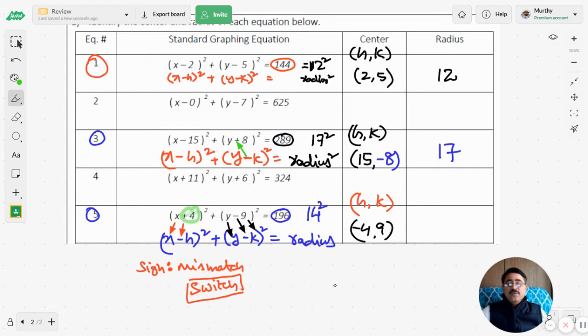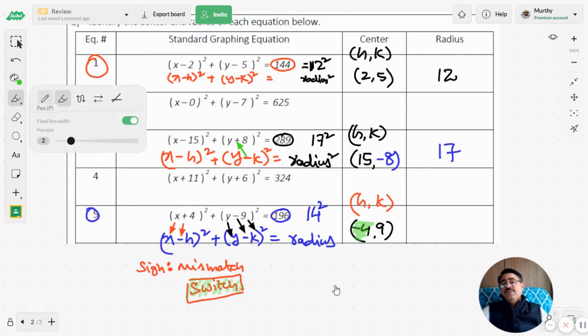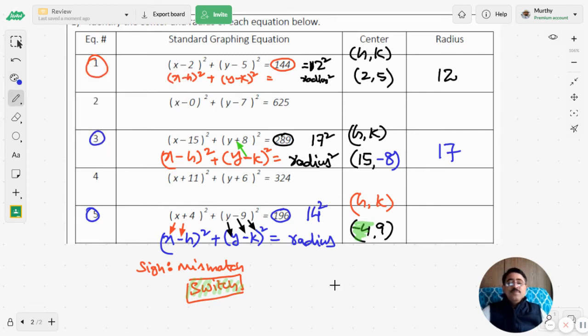I see that positive 4 is there, but I have negative h, so just switch the sign. If the signs are not matching, then switch the sign. So x plus 4 is given, then I'm taking here negative 4. Next, coming to the radius part, the last part is radius squared equals 14 squared, so radius equals 14.